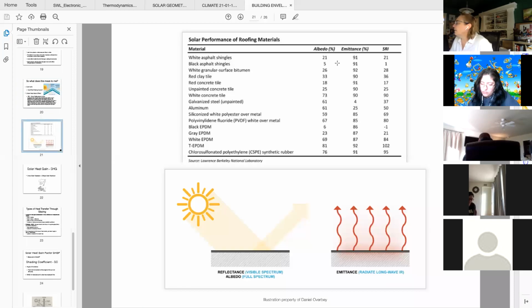Sorry, a lot of vowels there. If you compare white shingles to black shingles, the black absorbs a lot of heat, so not a particularly well-performing product.